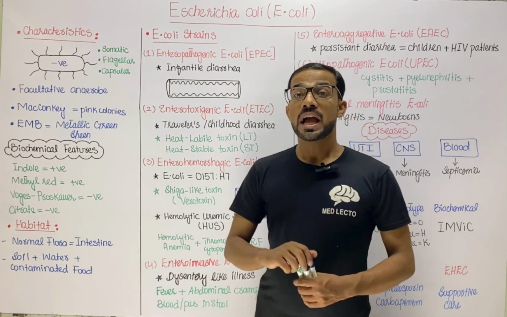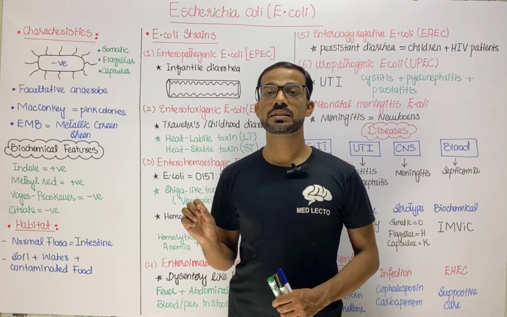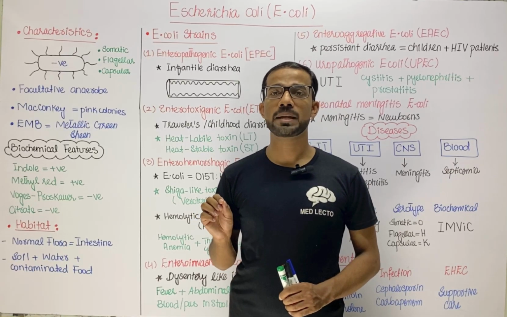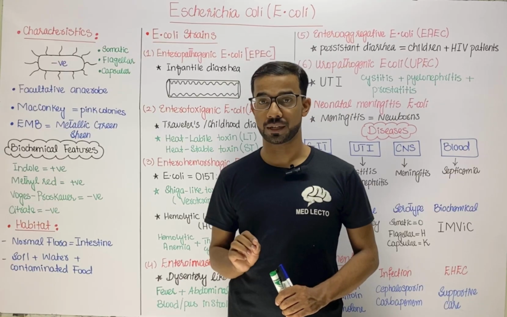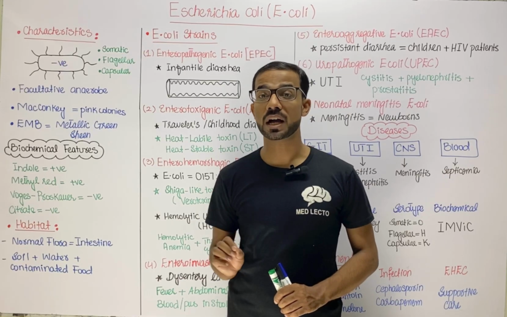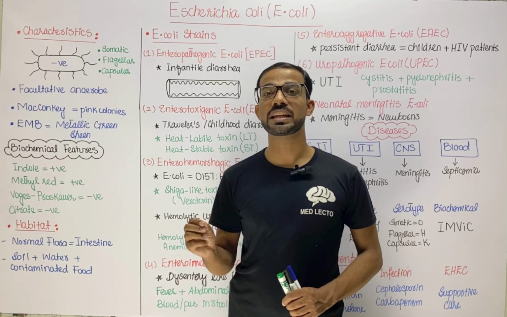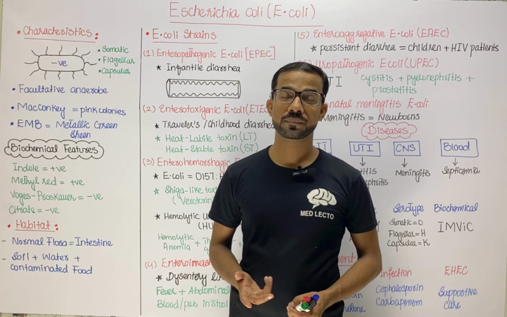Whenever E. coli is present in the intestine, it normally doesn't cause any problem. Whenever it changes its position or produces different toxins, then it causes different diseases. Like whenever E. coli enters the urinary tract, then it causes UTI.